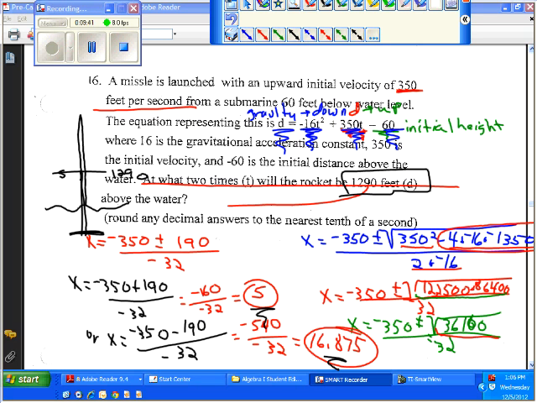It's going to keep coming up, and then it's going to keep coming down. Oh, and at 16.875 seconds, it's there. And they're 60 feet under, so they better start getting out of the way pretty fast. Actually, it's here after 16.875. That's right.